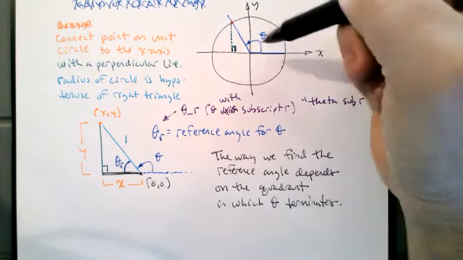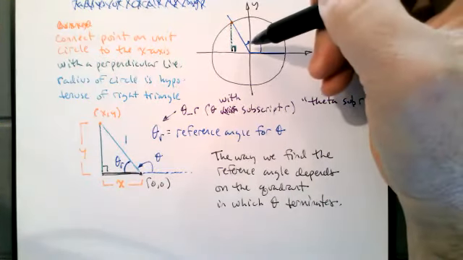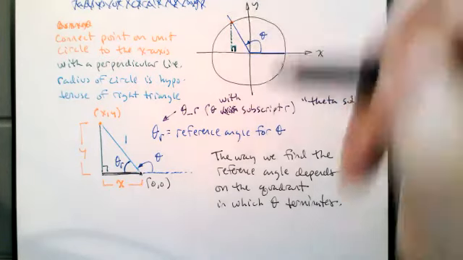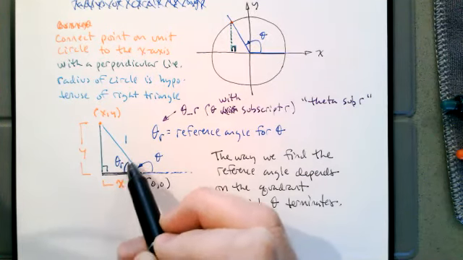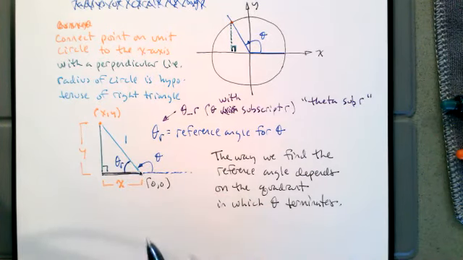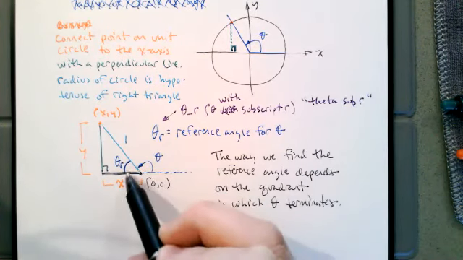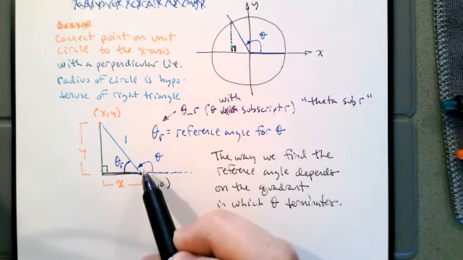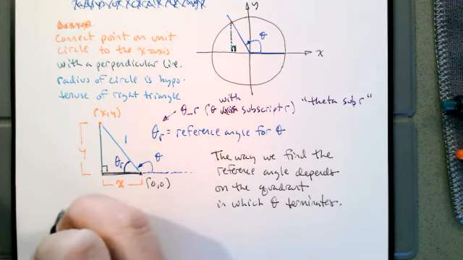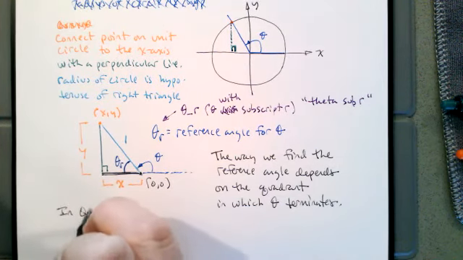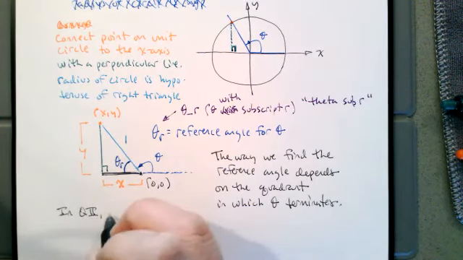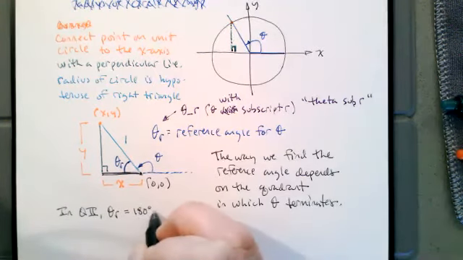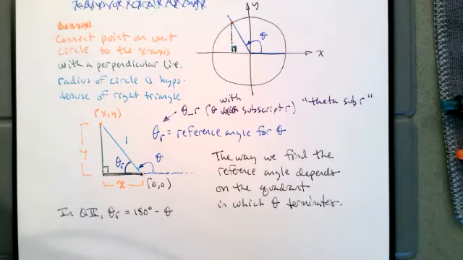So for the theta that we used for our example, theta ends in quadrant 2, and the reference angle just kind of goes the rest of the way. So in quadrant 2, theta r is 180 degrees minus theta.